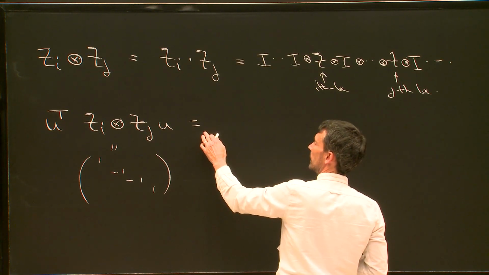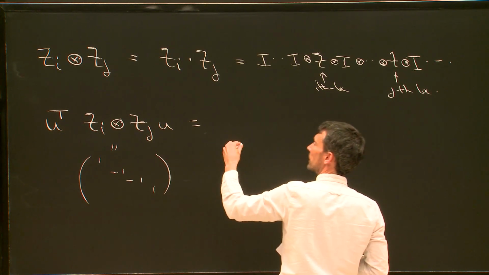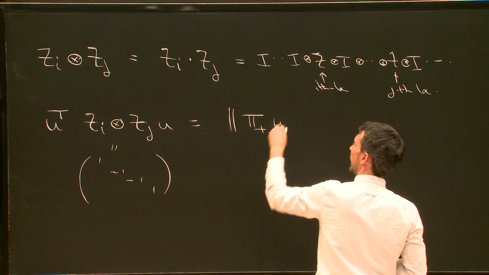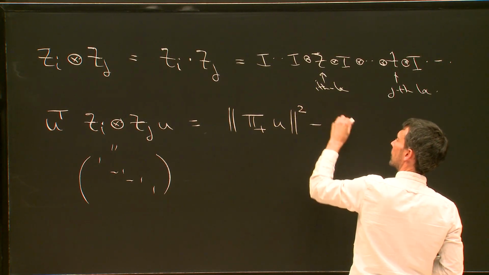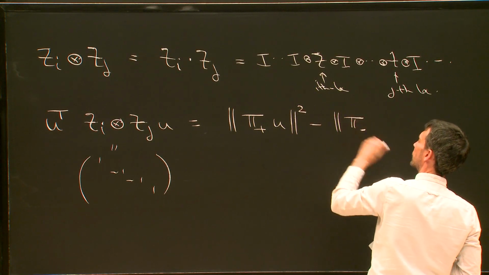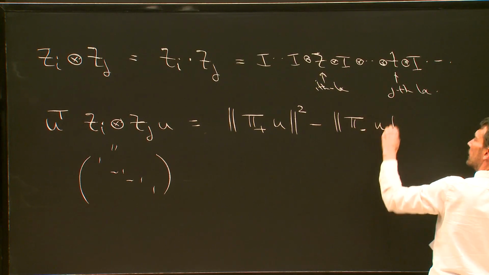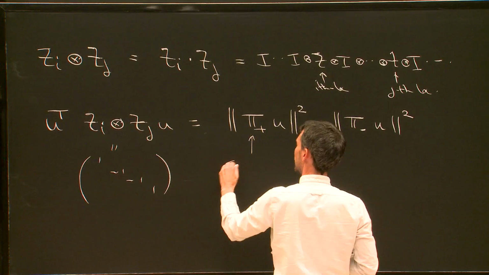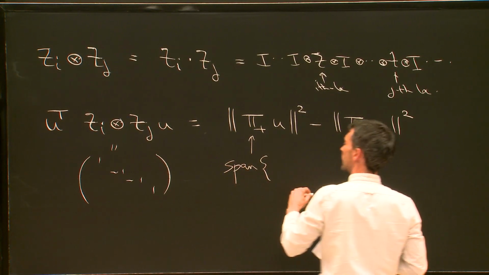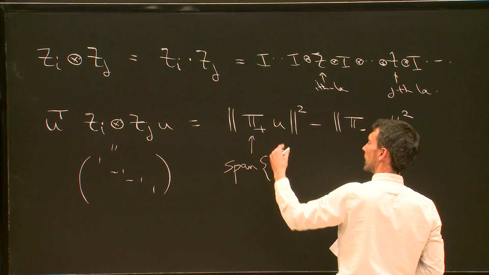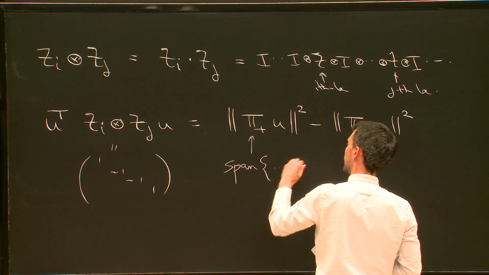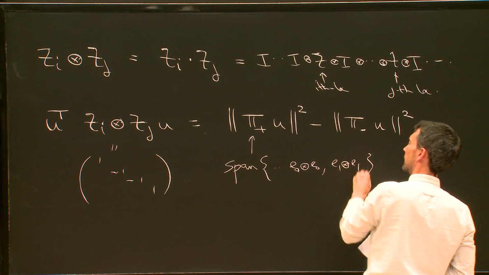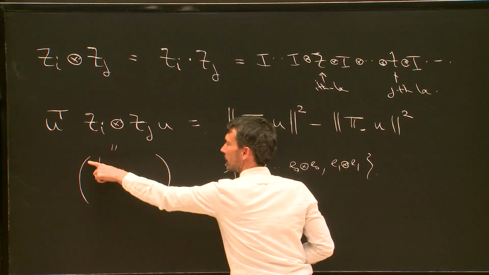And so this is going to be equal to +1 times the overlap of u in the eigenspace with associated eigenvalue +1, squared, where this is the projection on the span of all vectors such that in the locations i and j, they're of the form e0 tensored e0 and e1 tensored e1.